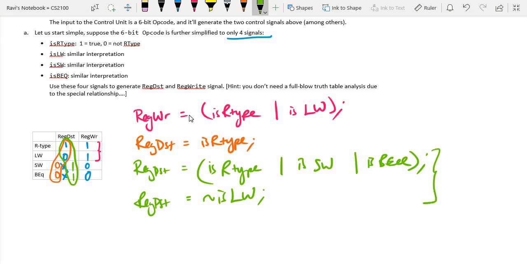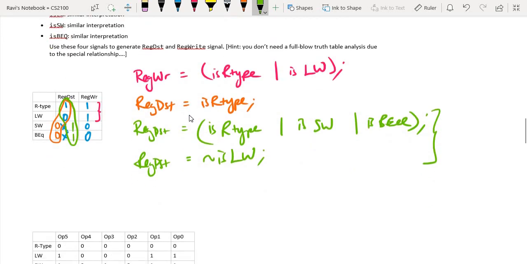Of course the second option is easier to implement because you only need a single NOT gate, whereas here you need a 3-input OR gate. So in terms of implementation, the second option is easier and cheaper to implement. So that is for part A, where we are generating control signals using these 4 simplified signals.